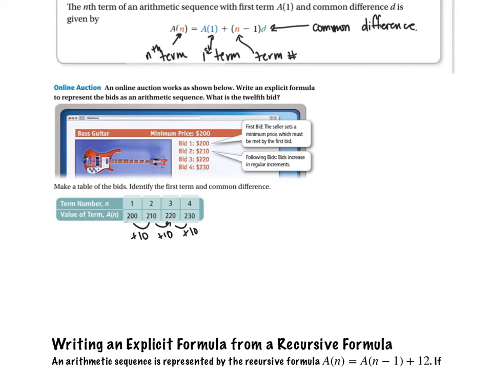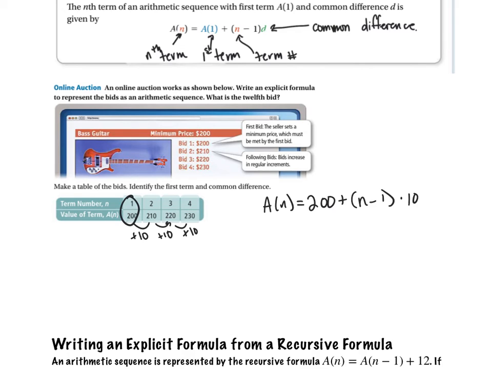So my a sub n, for whatever term I wanted to find: what was my first term? Go and look here. First term was 200, plus n minus 1, and then times the common difference, which is what we just found, so times 10.